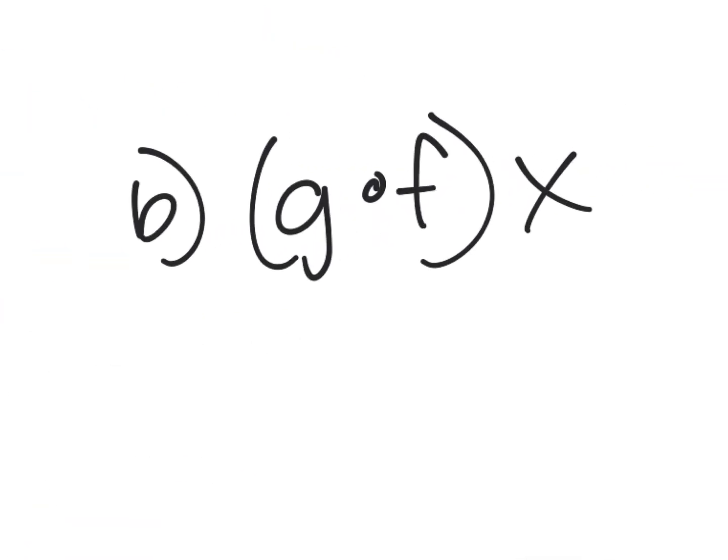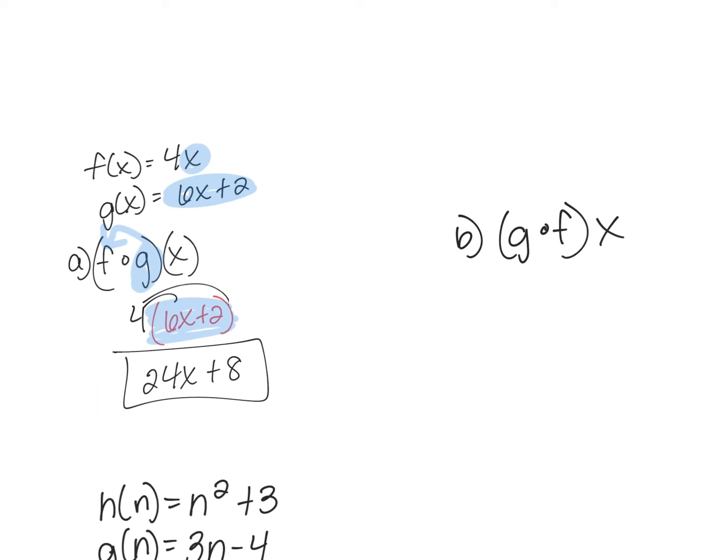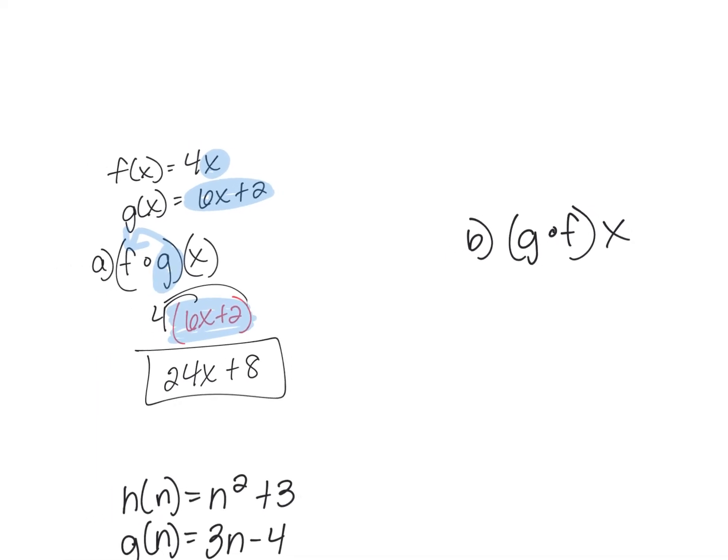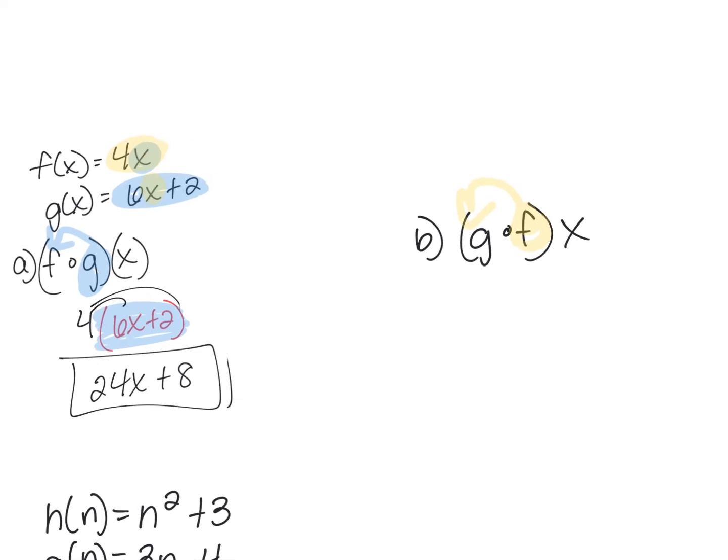Okay, here's another one. So this time we're doing the g of f of x, so you're plugging in all of the f function into the g function. So you're plugging in all of this in for this x right here. Let's do it.